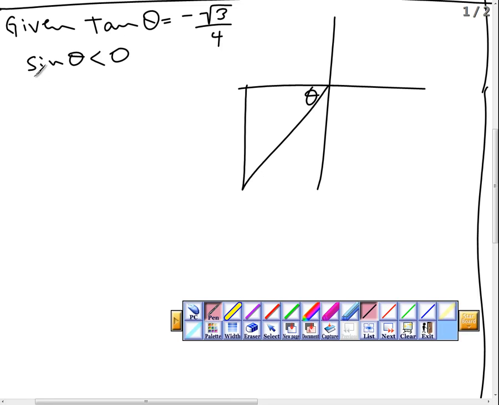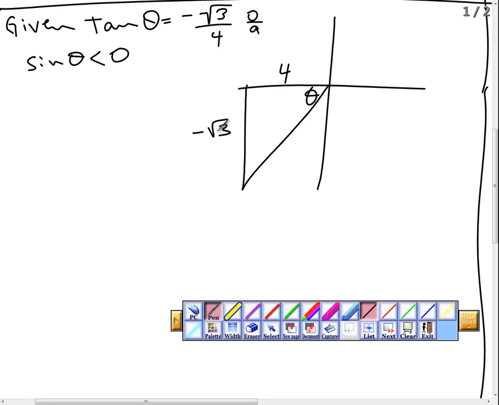The only purpose that sine theta less than 0 serves is to help us determine what quadrant we're operating out of. Since tangent is opposite over adjacent, the negative square root 3 is our side opposite of theta, and 4 is adjacent to angle theta.